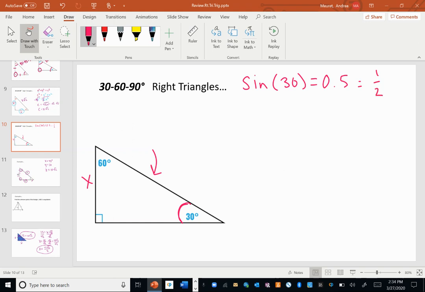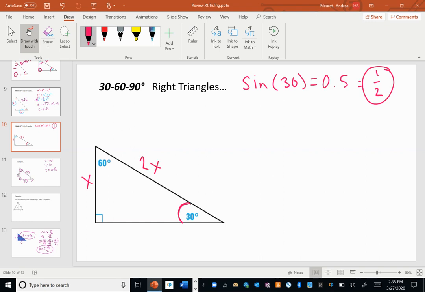And so I can use this 1 to 2 relationship to say, if I'm calling the short leg here X, then the hypotenuse that I don't know must be equal to 2X.